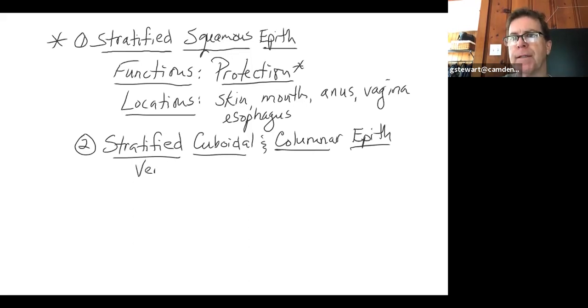First thing I'm going to say is these are very rare. We don't find them in a lot of places in the human body. Locations typically in the ducts of large glands.